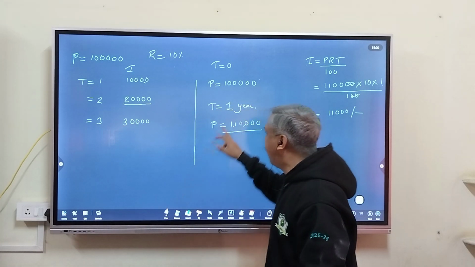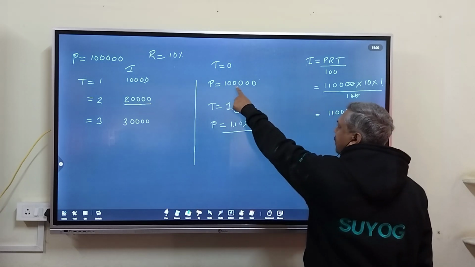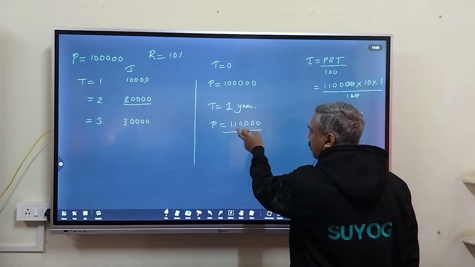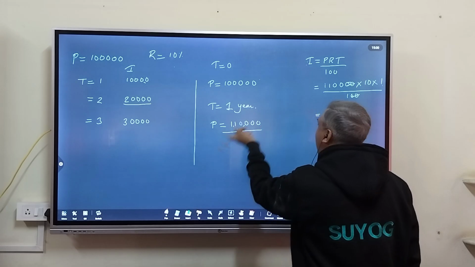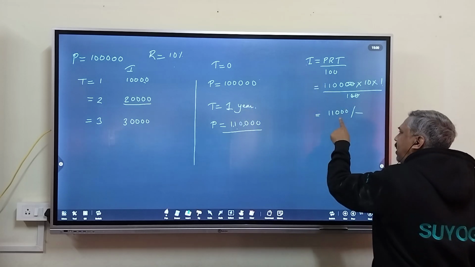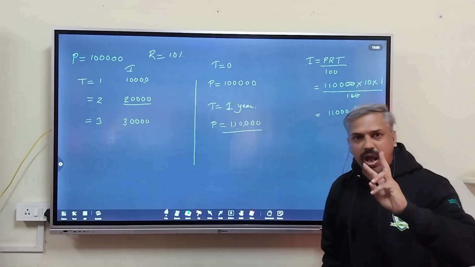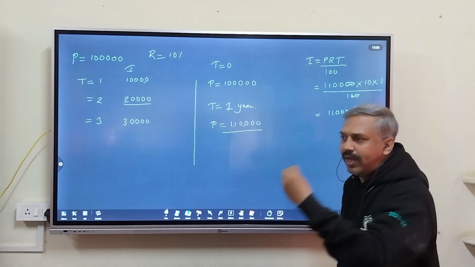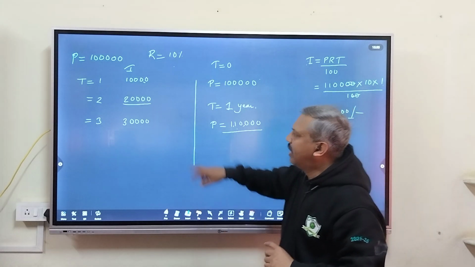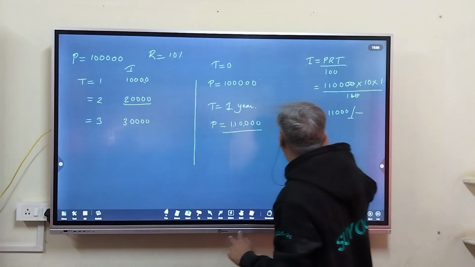But in case of compound interest, the total interest is, initially the interest was 10,000 rupees and then the new interest is 11,000 rupees. So after 2 years, the amount of interest that you have to pay is not 20,000 but 21,000.